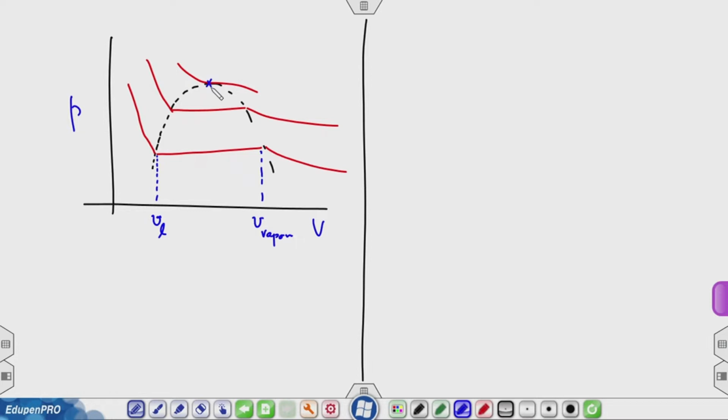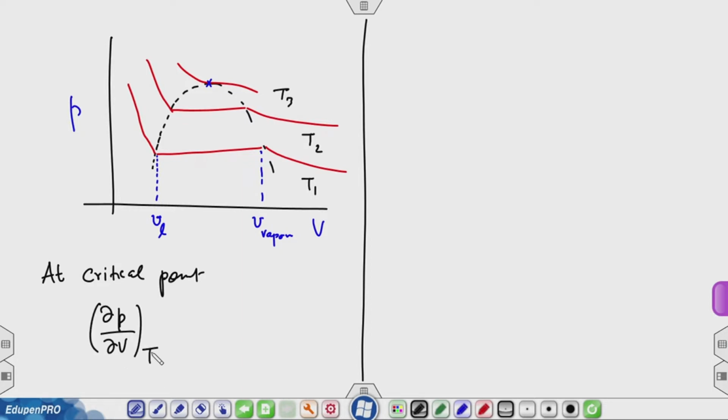There is also a specific heat involved. At the critical point, because these curves are drawn for constant T, T1, T2, T3, dP/dV at constant T is equal to 0.